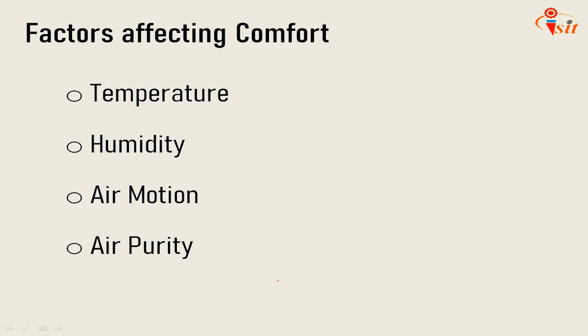The conditions conducive to comfort depend upon the following factors: temperature, humidity, air motion and air purity. So these four parameters greatly affect the comfort condition. How? We can see one by one.